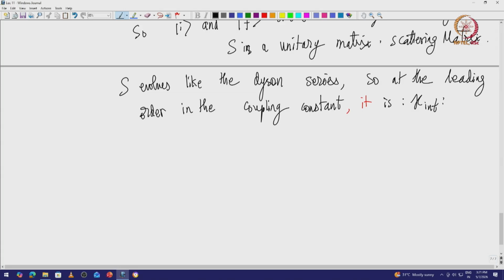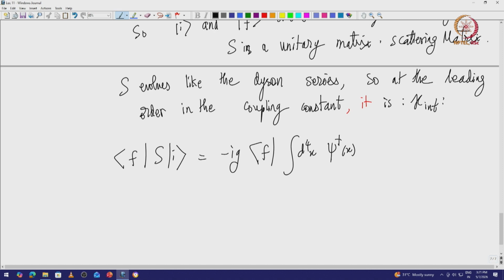Okay, so the same for the Yukawa couplings. Let's take an example, say the Yukawa case. For example, here you have d^4x psi dagger of x psi of x phi of x.